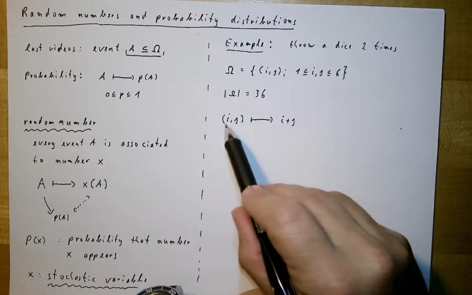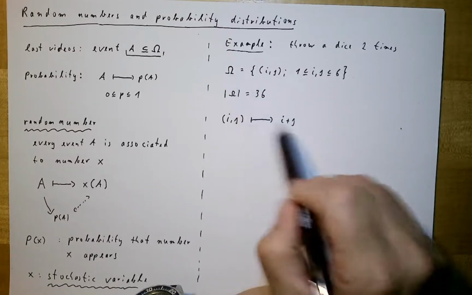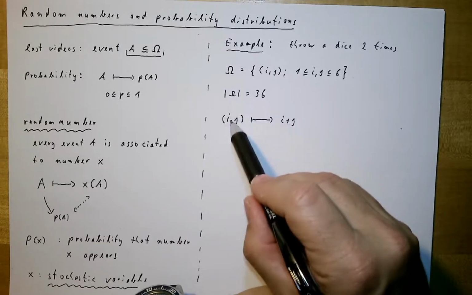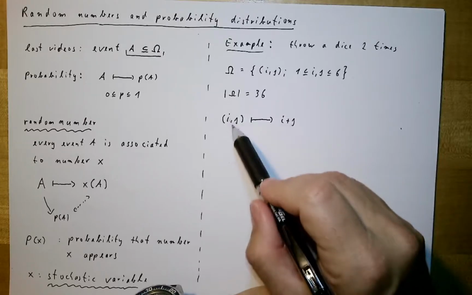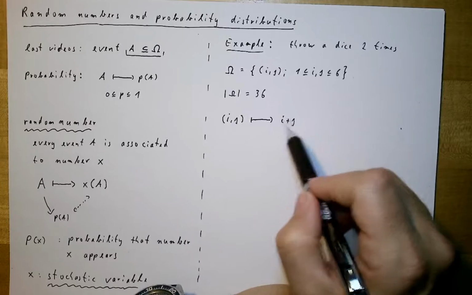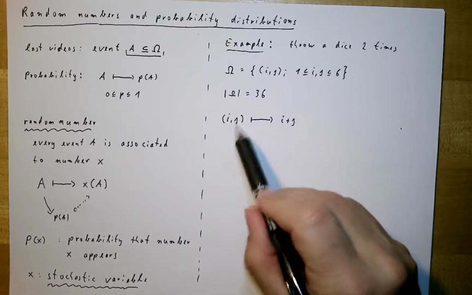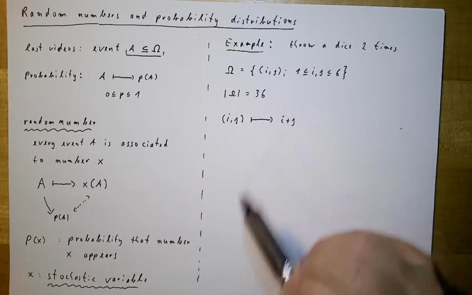Now at first glance this mapping would just give every element of omega a random number, but then you see that different tuples can be mapped to the same sum. So in this sense, every random number is associated to a set of tuples which have the same sum.